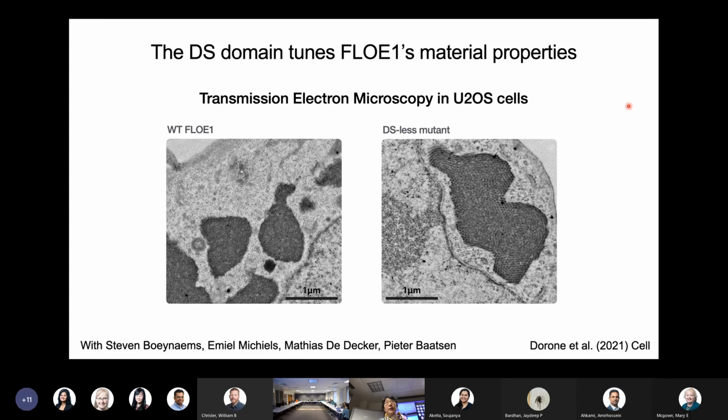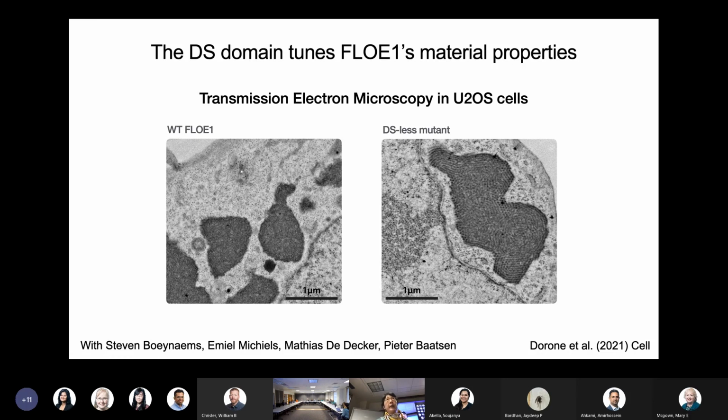We are observing changes in viscosity of the cytoplasm in a cell that doesn't have the FLOW GFP, but has, of course, the GFP biomarker, the nanosensor, the nanoparticle. That's a good question, actually.